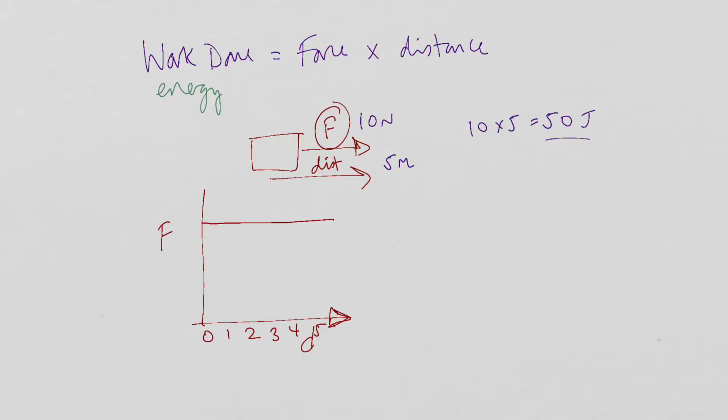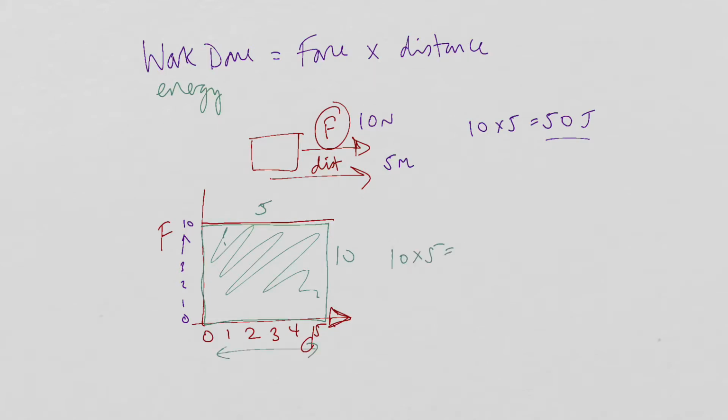On the graph, if this is also 10 newtons and it's moved 5 metres, another way of showing this is by looking at the area underneath the graph, or by turning this into a rectangle where we have 10 newtons at one side and it's 5 across. So 10 times 5 equals our 50 joules.